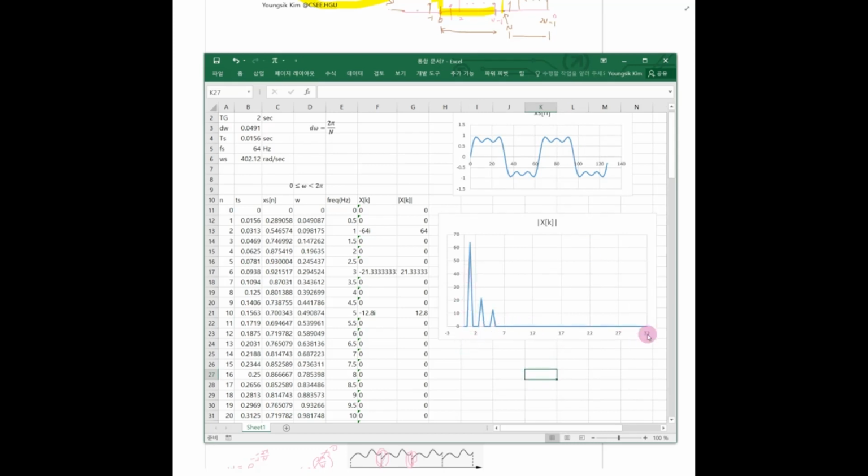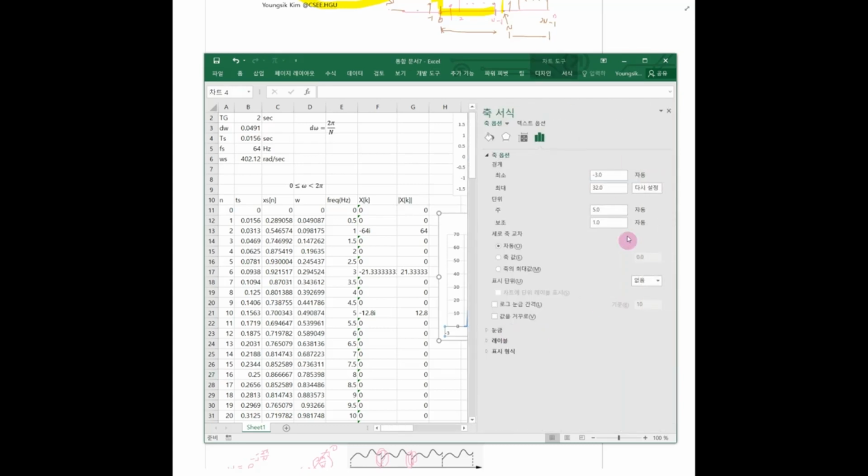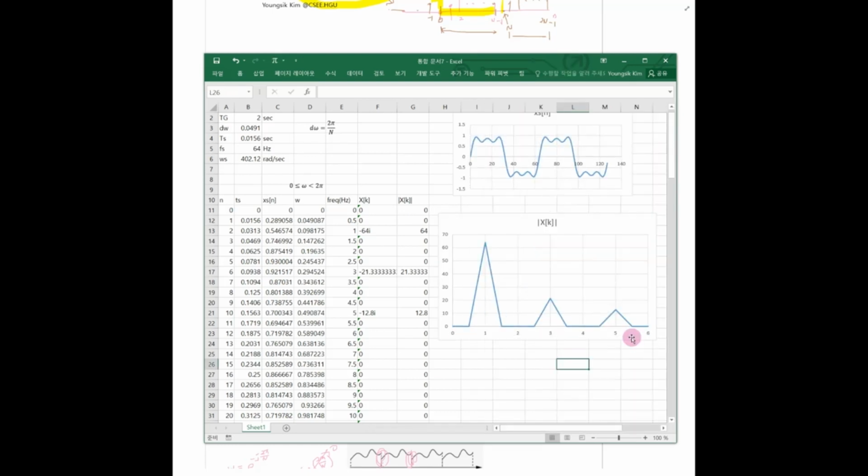This is the Nyquist frequency, but I can reduce that to 6 Hertz. Oh no, not 6, 32. Okay, then this is 1 Hertz and 3 Hertz and 5 Hertz. We can refer to it that way.